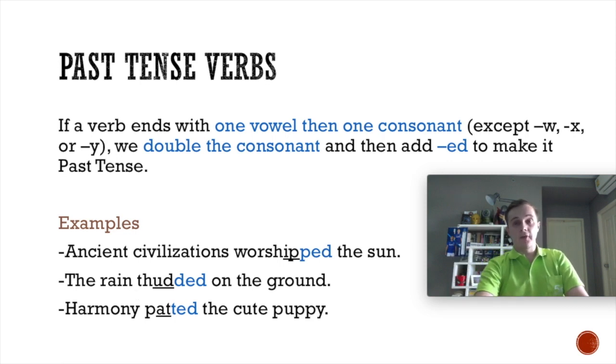The verb thud ends with the vowel U and the consonant D. We double the D, add ed. Thudded, T-H-U-D, D-E-D. Last one, Harmony patted the cute puppy. Pat, like you pat the dog, you tap it on the head. The verb pat ends with the vowel A and the consonant T. Double the T, add ed, patted.